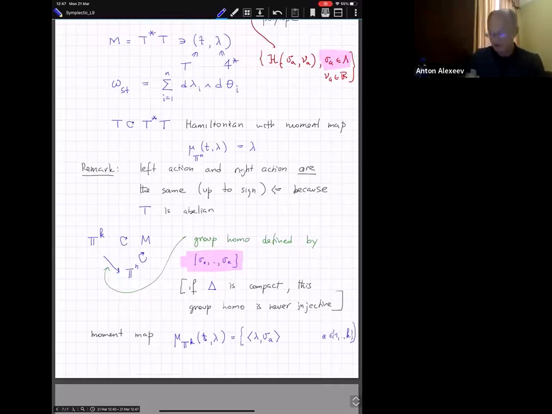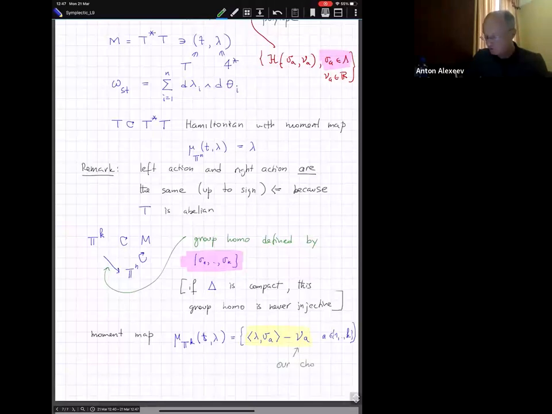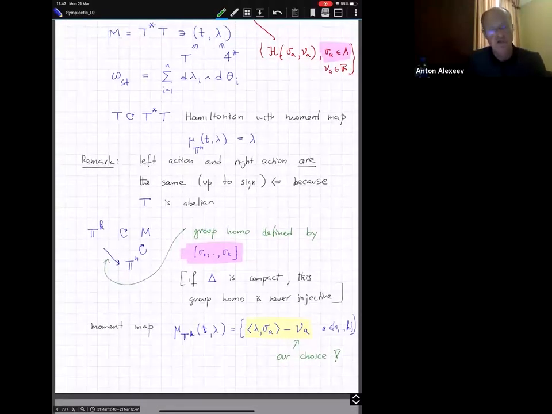I would like to voluntarily subtract from those linear combinations which represent the moment map those constants mu_A. So this part is our choice, because the moment map for actions of abelian groups is not unique. I can actually choose the moment map tailored to my problem. All right. Okay.